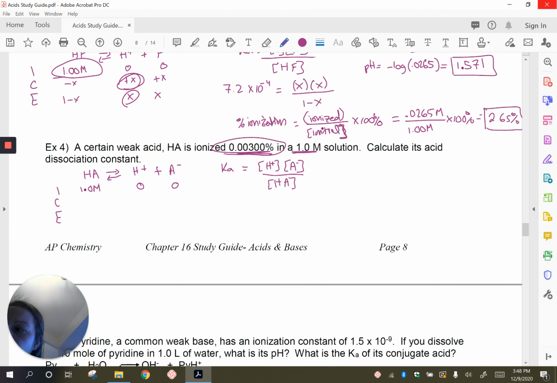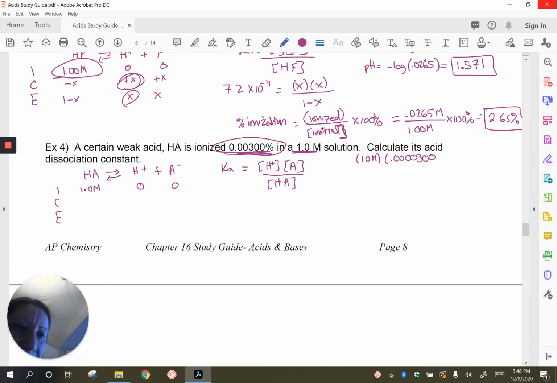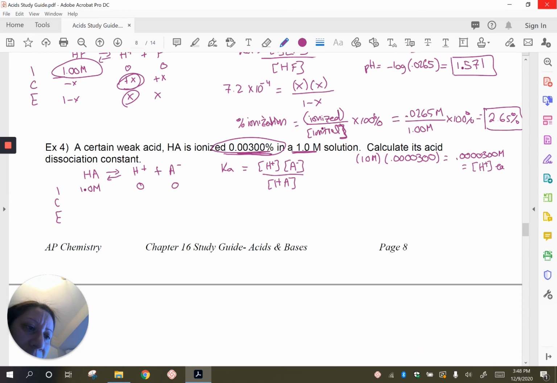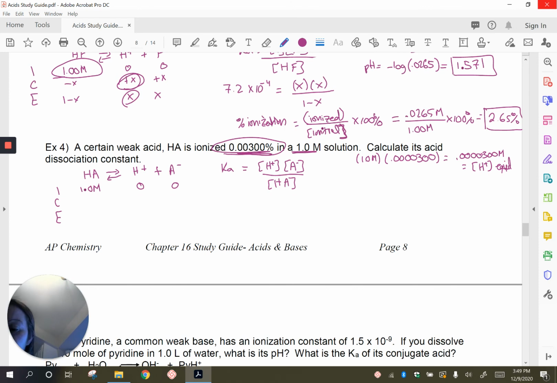So this is 1 molar times 0.00003. And so it gives you 0.00003 molar. That is your concentration of H+ at equilibrium, because that's how much of it ionized and turned into ions.